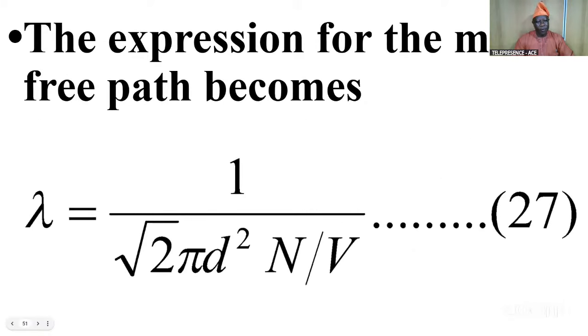So the expression for the mean free path becomes: lambda equals 1 over square root of 2 pi d square n over v. And look at the limit of that square root.